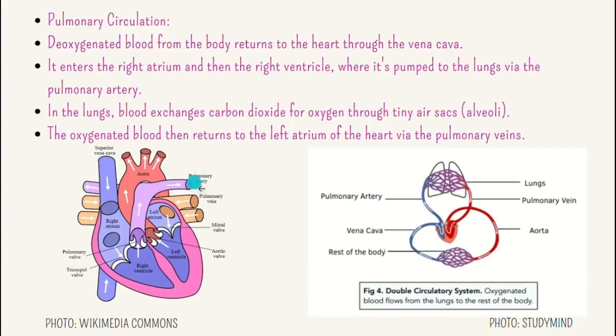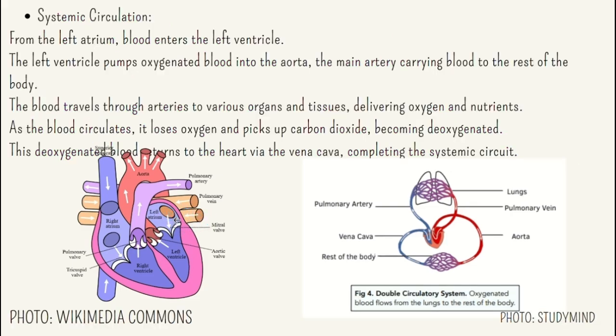Then oxygenated blood is going to return through the pulmonary veins, right? It returns through the pulmonary veins, goes through the left atrium, then the left ventricle, and then goes out through the aorta. After the gas exchange takes place in the alveoli in the lungs, that oxygenated blood comes back, enters through the pulmonary veins and goes to the left atrium.